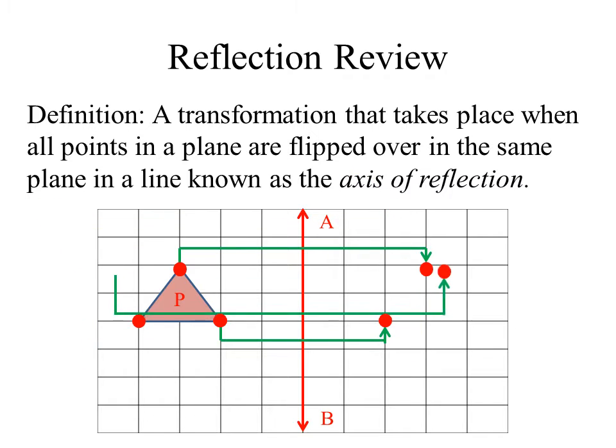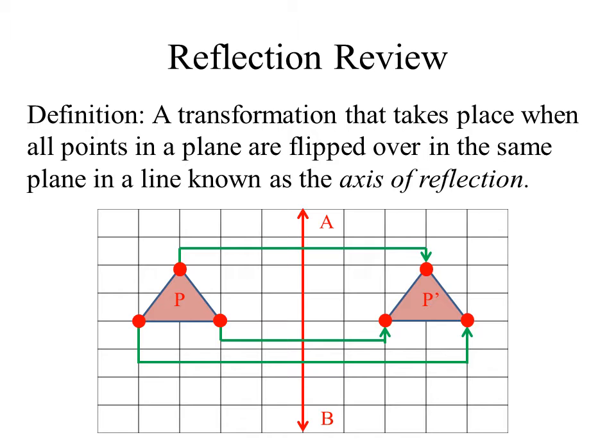Finally, our last point, 1, 2, 3, 4 units to the axis of reflection and 1, 2, 3, 4 units beyond. And there we get our image. And this is a reflection.